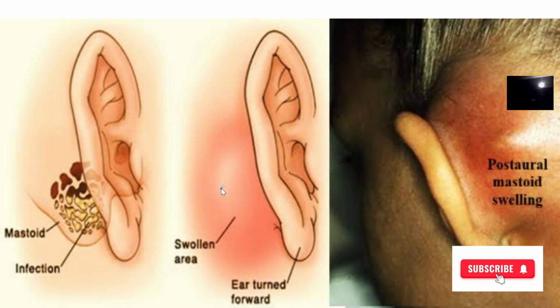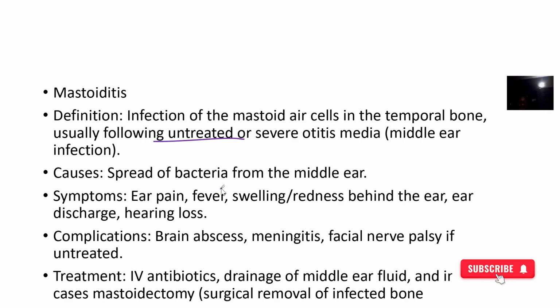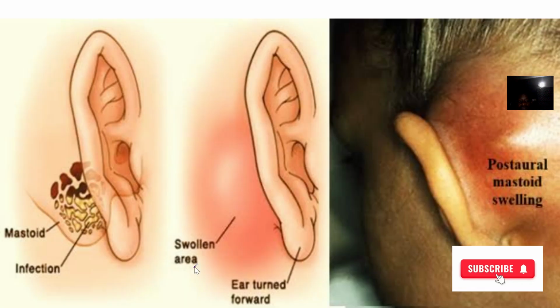Later it is followed by ear discharge and hearing loss. Complications could lead to brain abscess, meningitis, or facial nerve palsy. Since it's mostly an infection, you treat it using intravenous antibiotics. They can also drain the middle ear fluid if there's pus accumulation there.